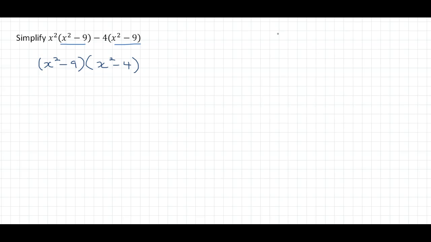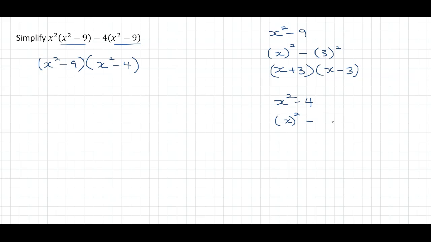Now let's take a look at x squared minus 9. x squared minus 9 is the same as x squared minus 3 squared. So now you're going to have x plus 3 multiplied by x minus 3. Now x squared minus 4, you're going to see that that is the same as x squared minus 2 squared.